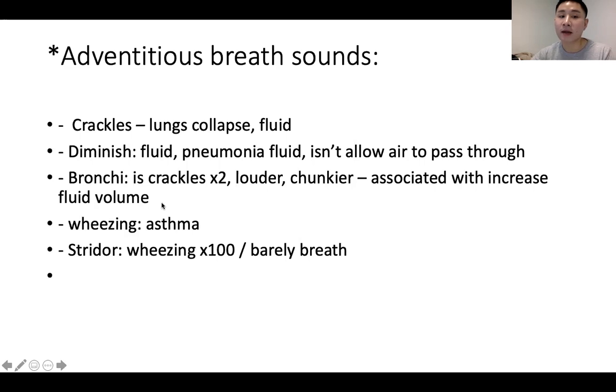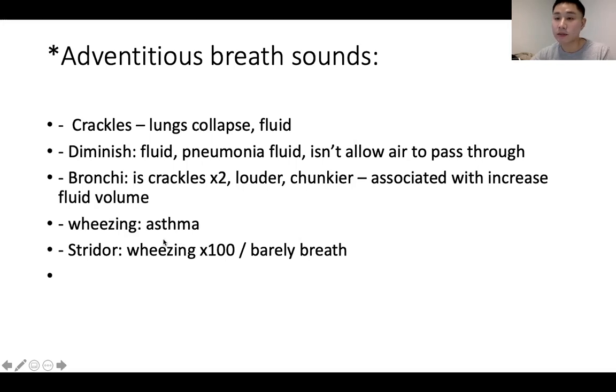Bronchi is kind of like crackles times 2. When you hear crackles and they're really heavy, that means the patient has progressed into bronchi, and it's usually louder and chunkier, and associated with increased fluid volume. It means the fluid in the alveoli sac has increased significantly.